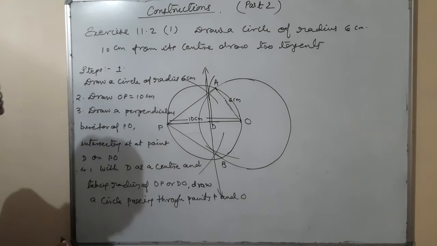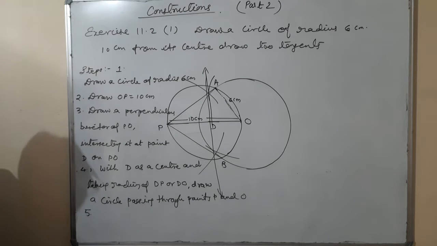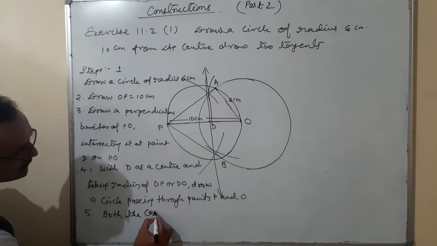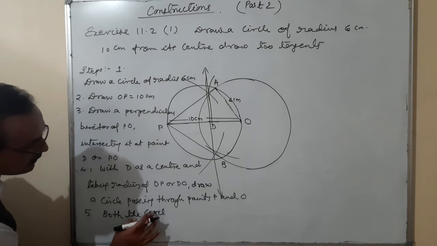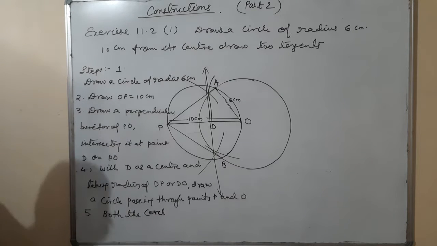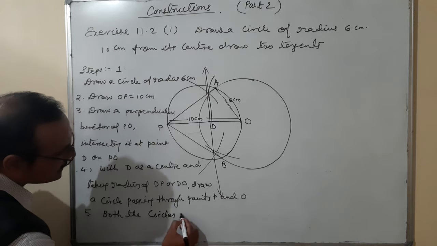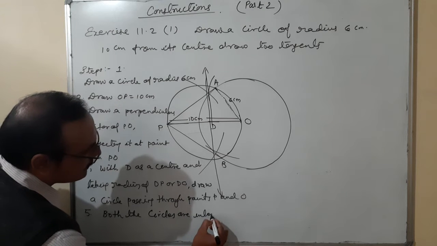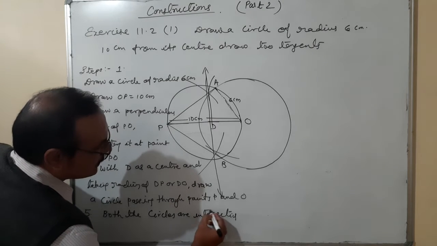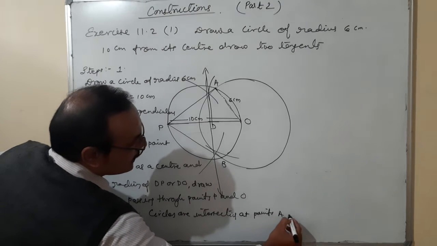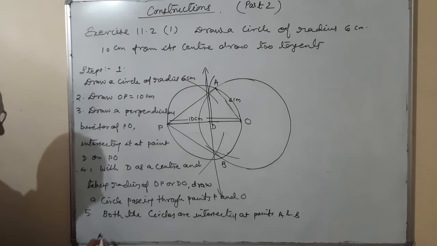After that, fifth one is both the circles are intersecting at points A and B. Okay.